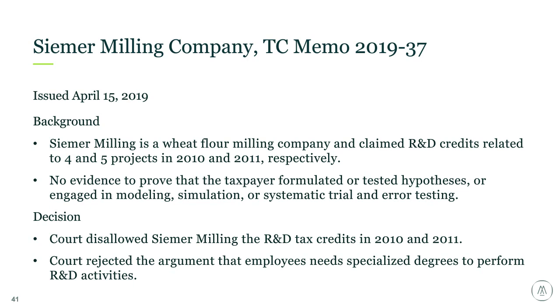The process of experimentation sounds like a big and fancy word, but I always look at it as, what did you guys have to do to figure out how to successfully complete the project? Sometimes that's going through that systematic trial and error process, but being able to document what you were looking at during that process.